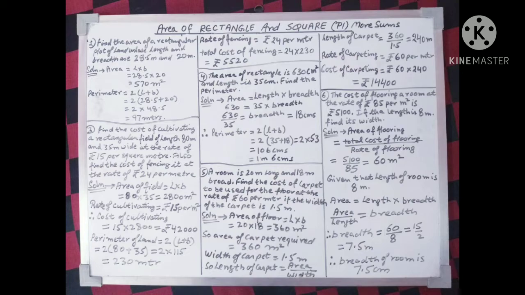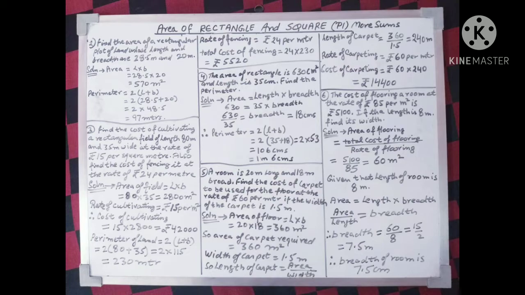Now, perimeter of the field is twice (length plus breadth), which gives us twice of (80 plus 35), that is 2 into 115 meters. Finally, we get 230 meters. Now, rate of fencing, that is for every meter of the fencing, we have to pay rupees 24.